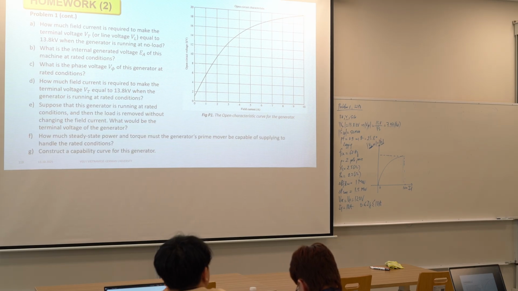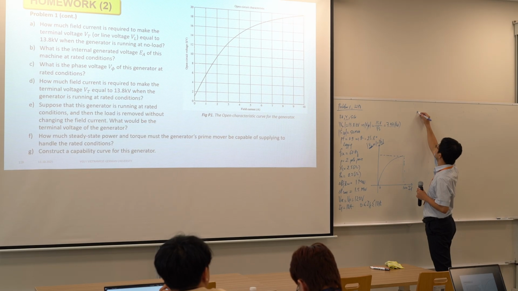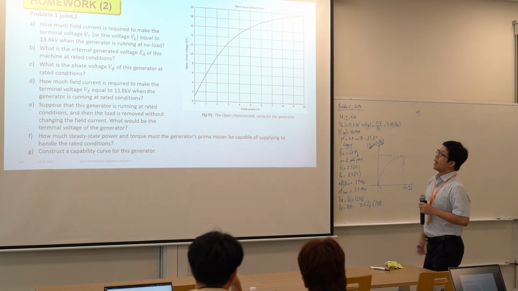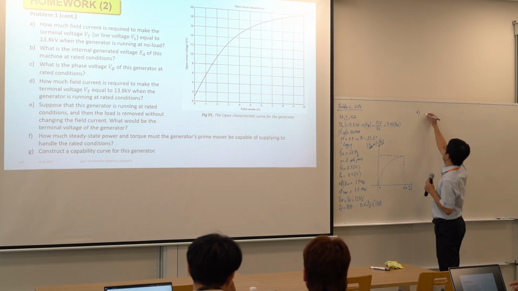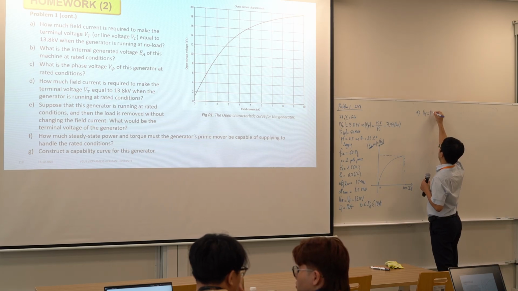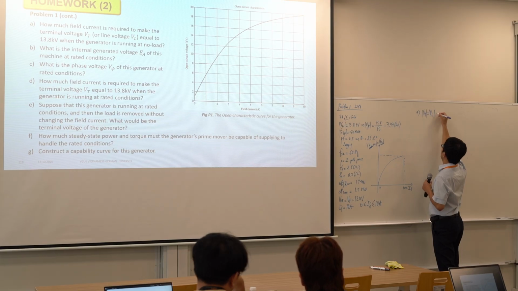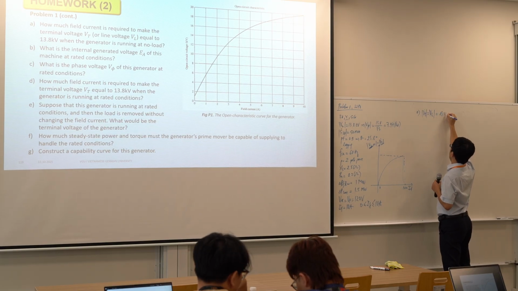Questions. How much field current is required to make the terminal voltage equal to 13.8 kV? Terminal voltage means V line, 13.8 kilovolt.